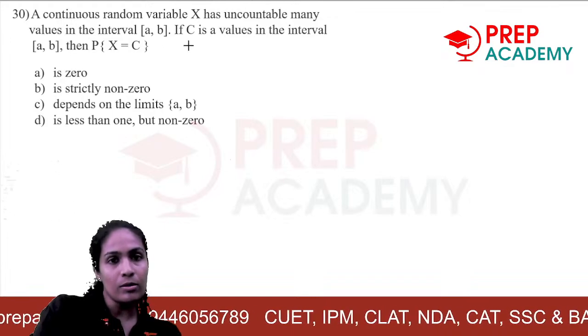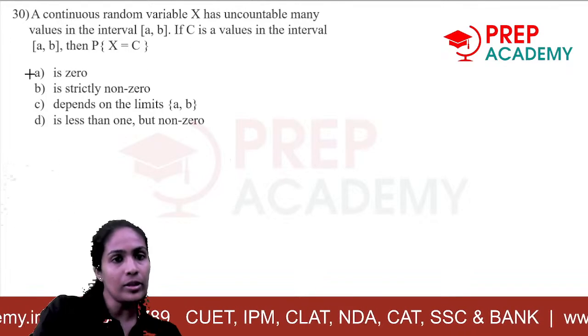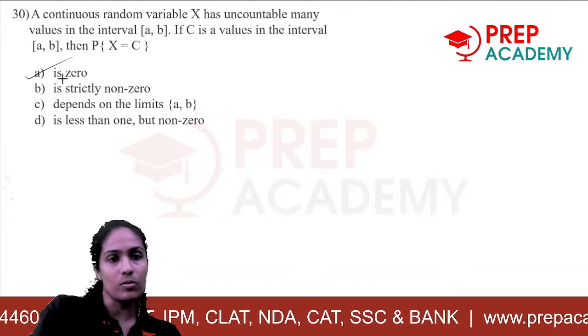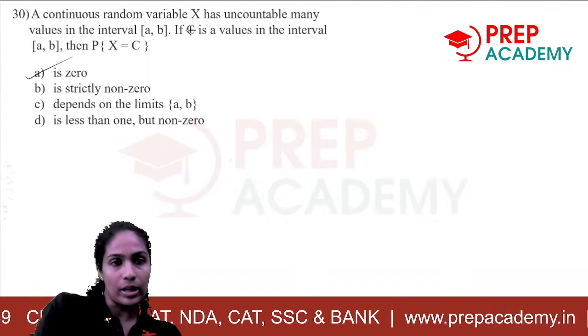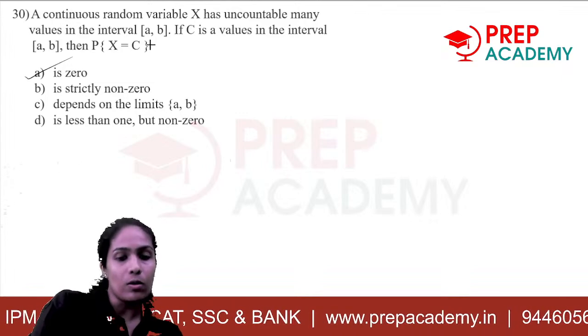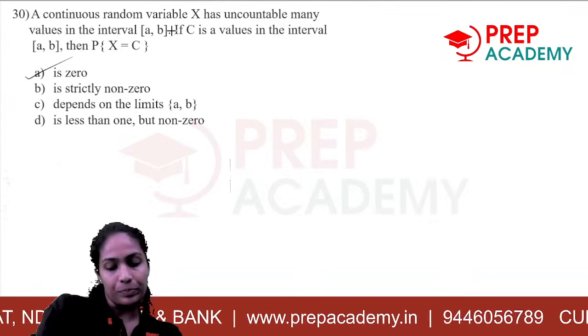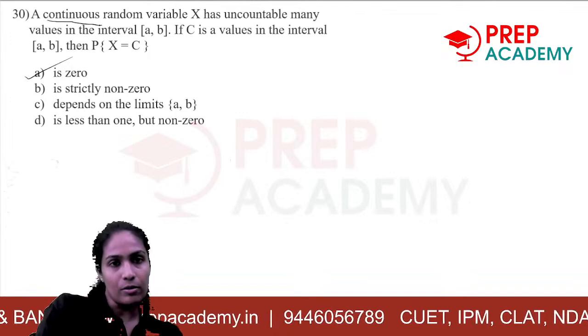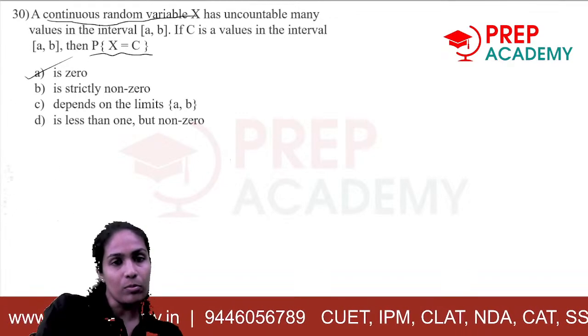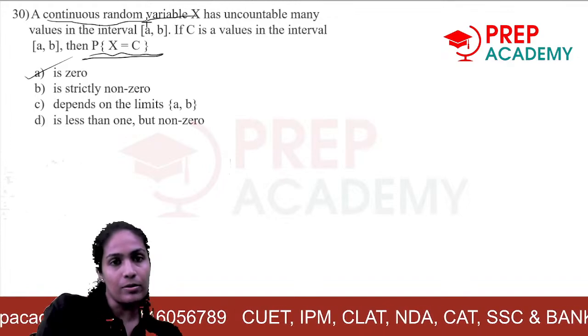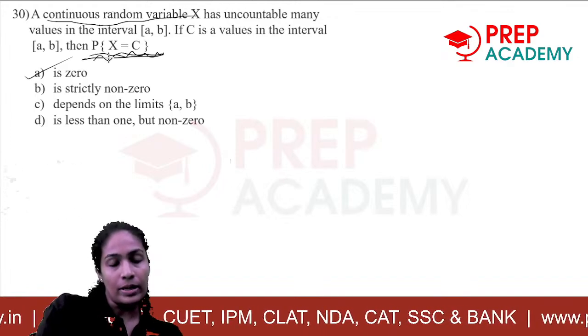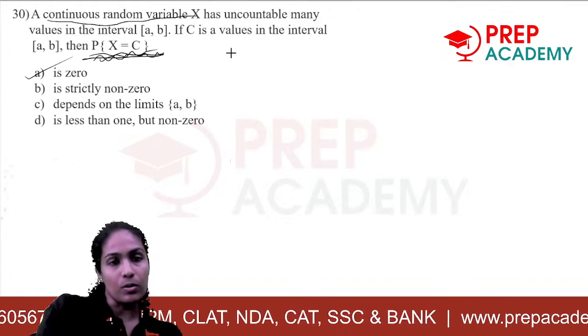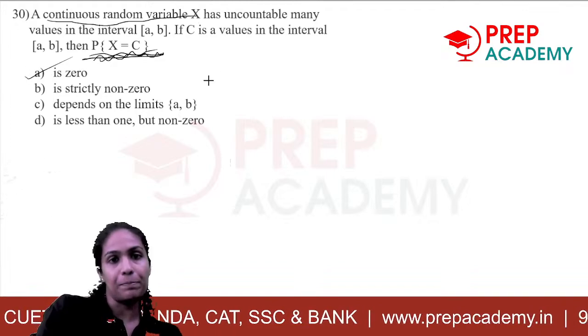The variable is continuous, and if you are asked to find the probability at a point, then it is always 0. So the correct option is option A, that is probability of x equal to C is 0. Answer is option A.